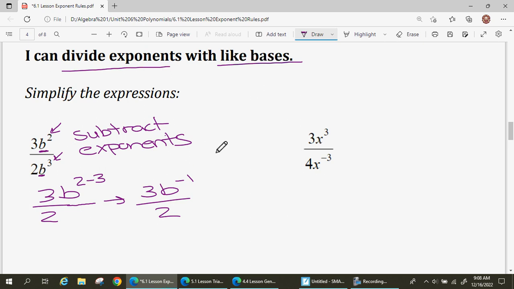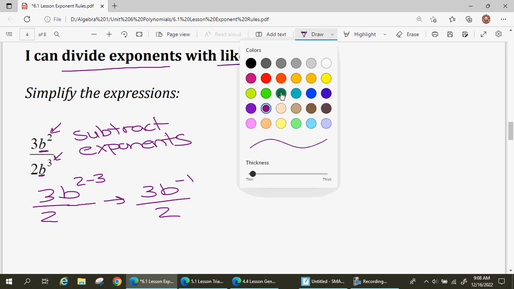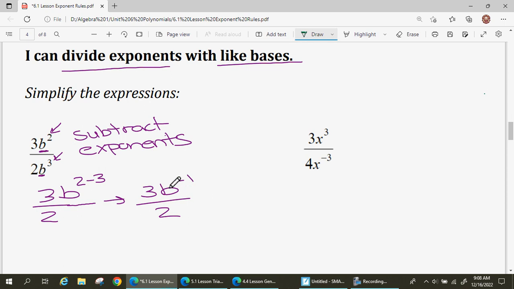Now we would like to end our problem by having no negative exponents. If we have a negative exponent, we can take our power, b to the negative 1, and move it to the other side of the division bar.